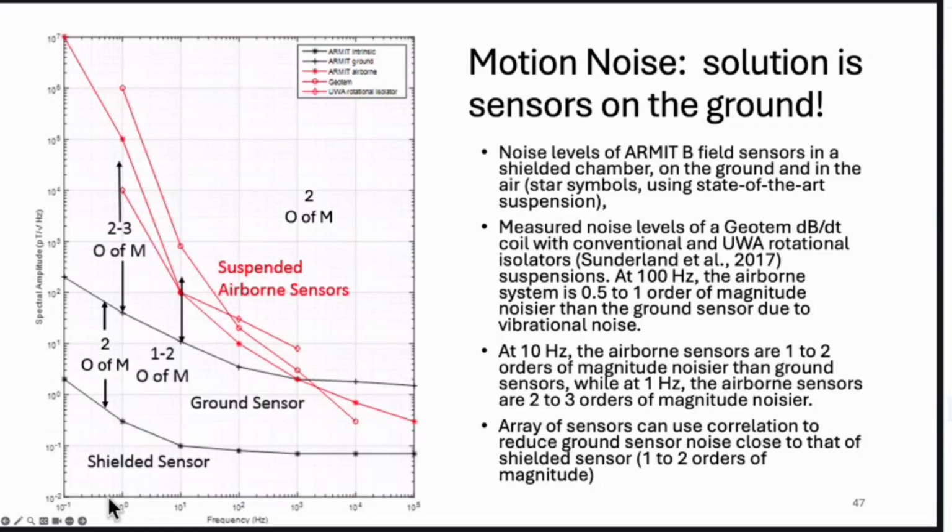At the low frequencies for IP, between 10 hertz and 1 hertz down here, we're down 2 to 3 orders of magnitude compared with if we had a sensor on the ground. If we have an array of sensors, we can use correlation. We've proven we can reduce noise by 1 to 2 orders of magnitude. So we can get another 1 to 2 orders of magnitude reduction from conventional ground sensors and get 4 to 5 orders of magnitude improvement in IP type measurements.